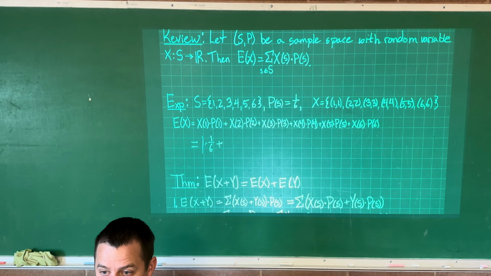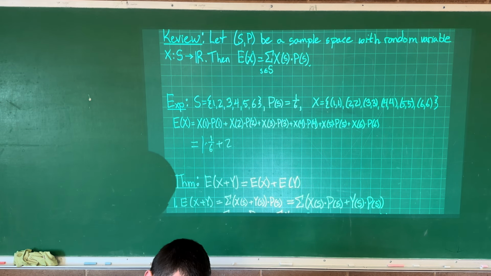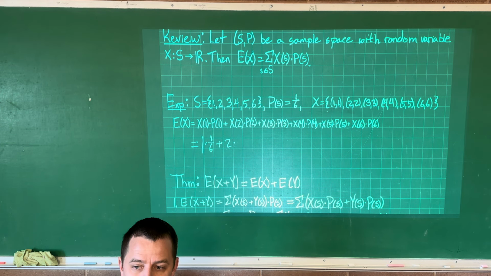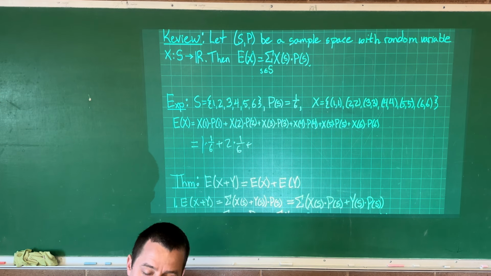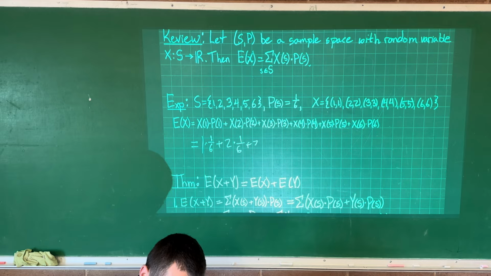So that's going to be 2 times, what was the probability? 1/6. Plus, what's x of 3? 3 times the probability of 3, 1/6. And now I think you're getting it. Plus 4 times 1/6, plus 5 times 1/6, plus 6 times 1/6. Everyone good with me just going?